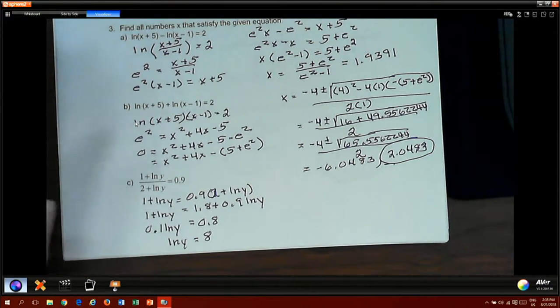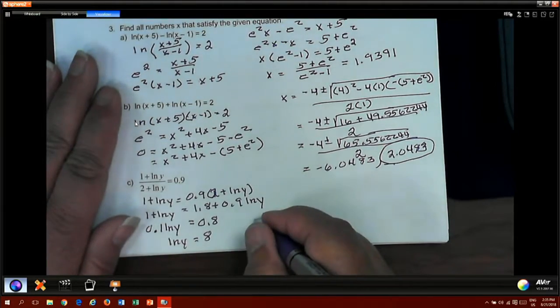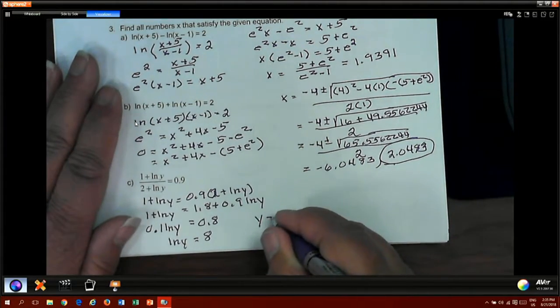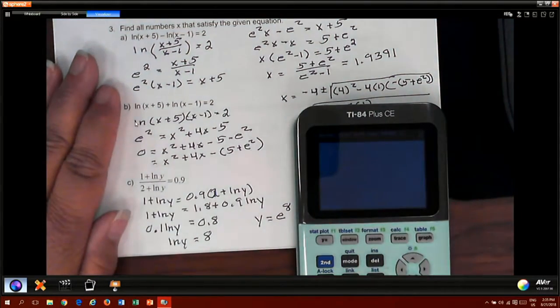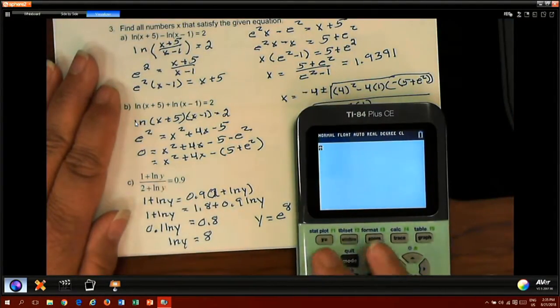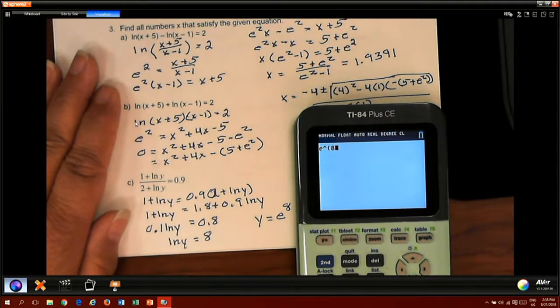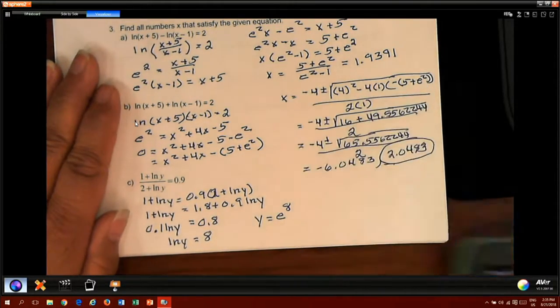At this point, we have a single ln. We can change it to exponential form. So y equals e to the 8th. Plug it into the calculator. And we get 2980.958.